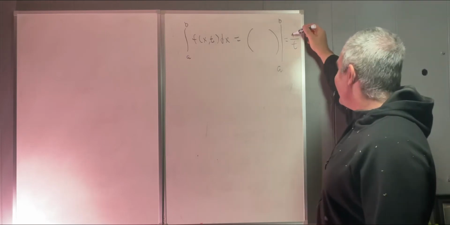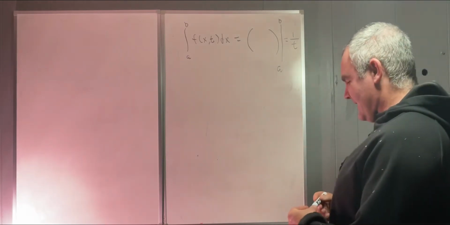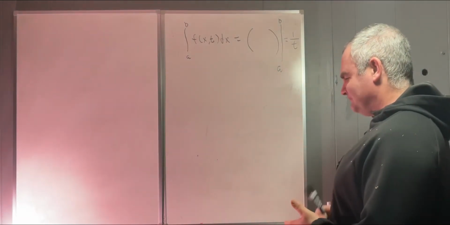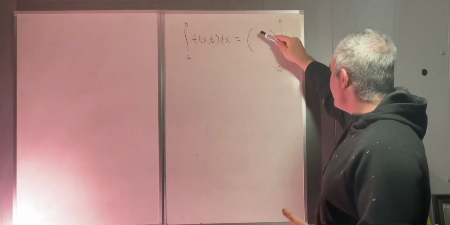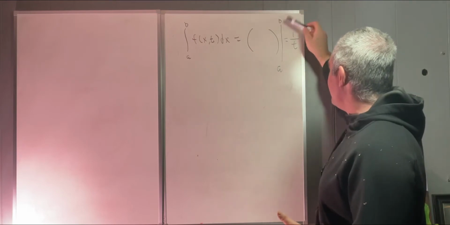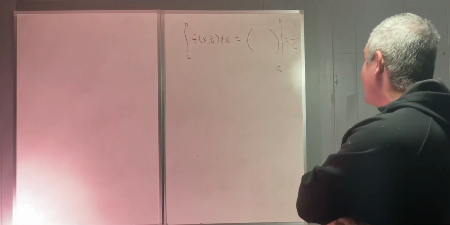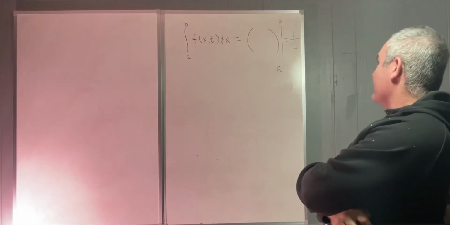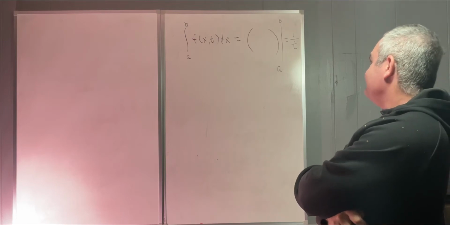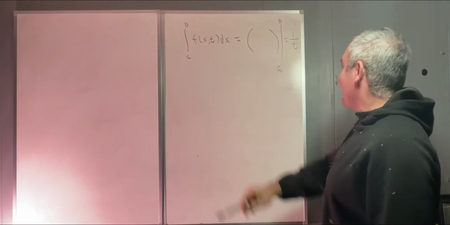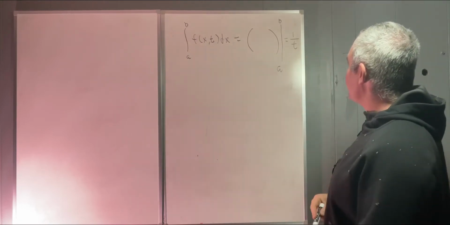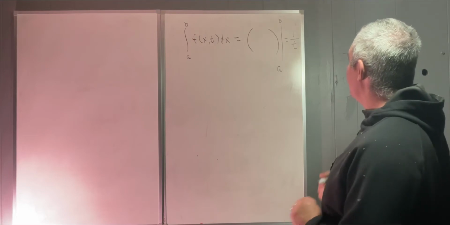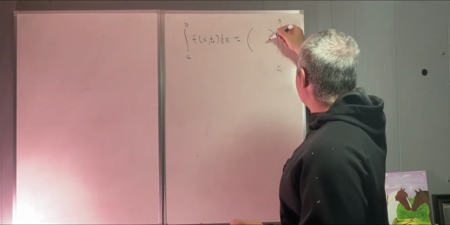But how are you going to get a 1 over t? What are you going to have to evaluate between a and b, and what are a and b going to have to be in order to get a 1 over t? Well, we know this t with respect to x is constant, so this will have to be the result of, well, I'll show you.